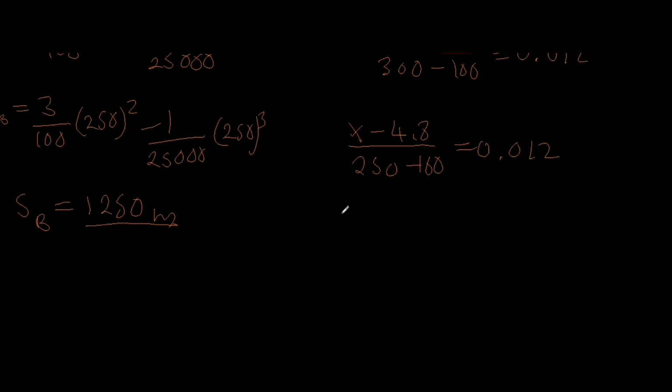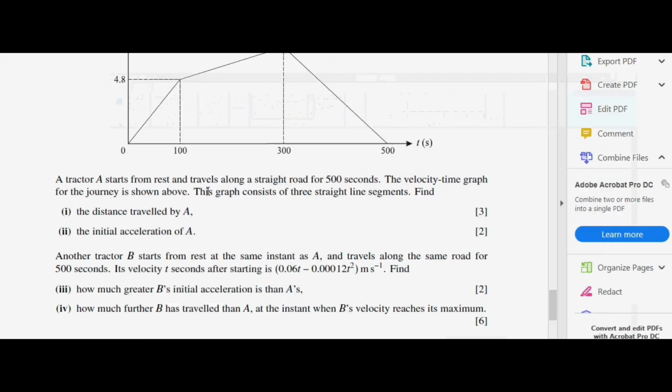And that means my x is going to be 6.6 meters per second. If you solve for x, you get 6.6 meters per second. So I have the point 250 comma 6.6, which is going to be here.